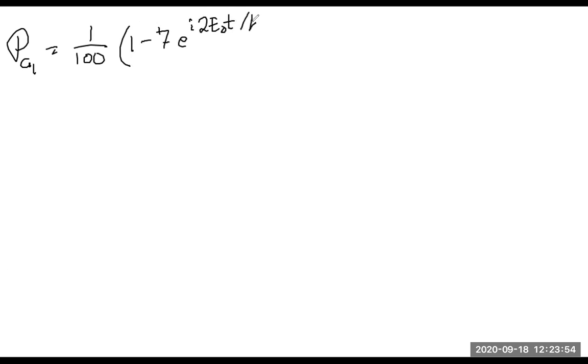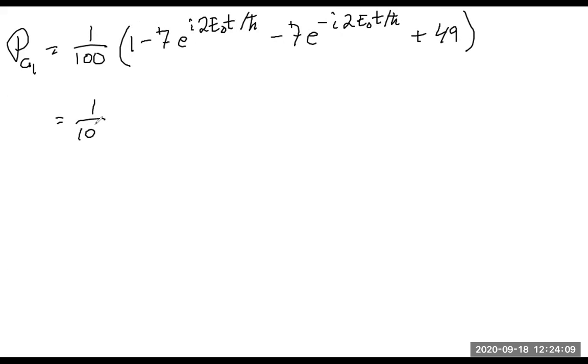Let's multiply this mess out. So the probability of measuring A1 is 1 over 100 times the minus 1 times minus 1, which is 1, minus 7 e to the plus i 2 E naught t over h bar, minus 7 e to the minus i 2 E naught time over h bar, plus 7 times 7, which is 49.